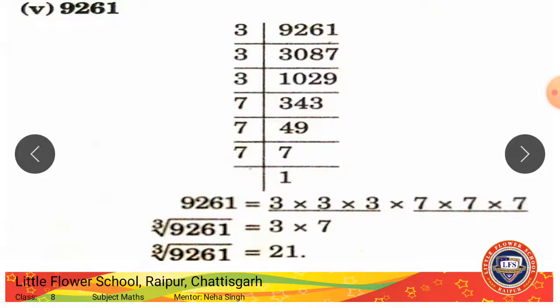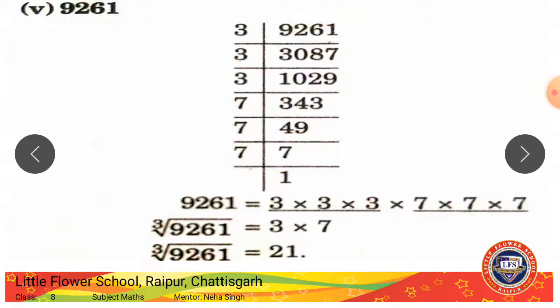Next, 9261. Here also see, this will not be divisible by 2 since the units digit is odd. So we'll check for 3. 3 3s are 9. Okay, 0.